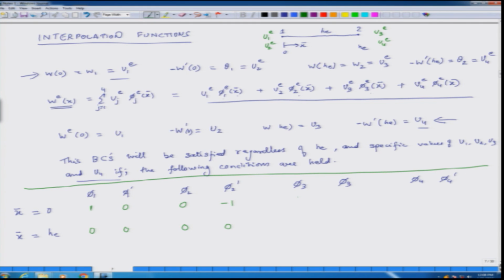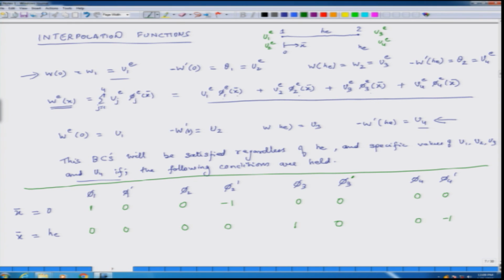Then at x equal to 0, phi 3 should be 0, slope should be 0, but phi 3 should be 1 at x equal to HE, but its slope should be 0. And finally, phi 4 should be 0 and its slope should be 0 at x equal to 0, and also it should be 0 at HE, but its slope should be minus 1.